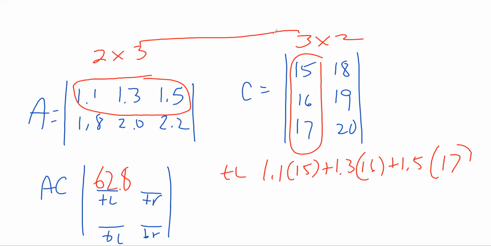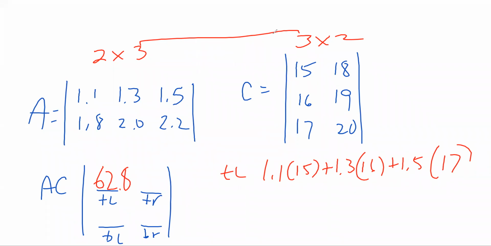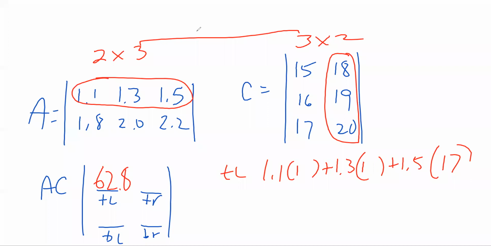Now, to calculate the top right, I'm going to get rid of some of this red. But for the top right, now you have to do the same process, but you have to do it with these. So that's going to change the calculation down here.